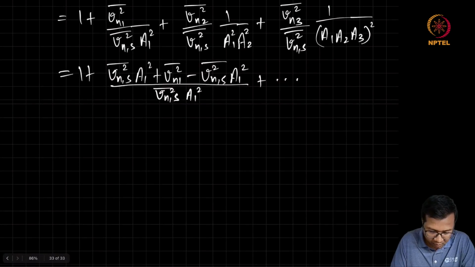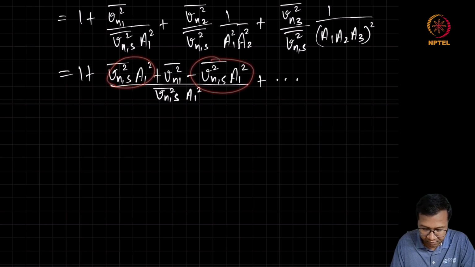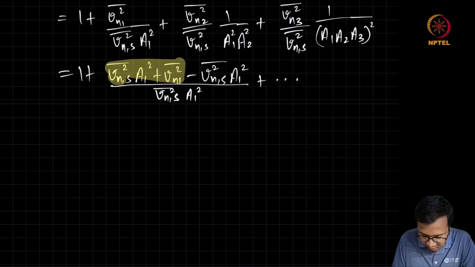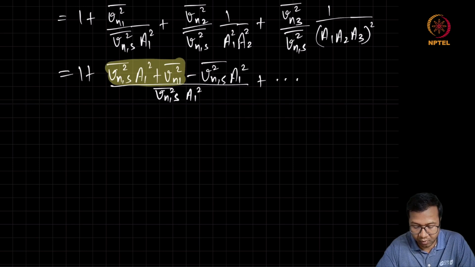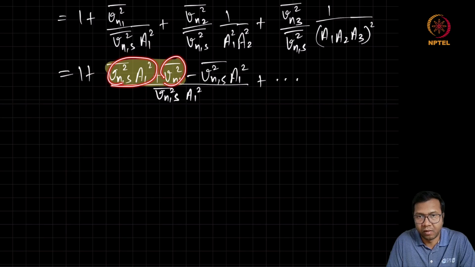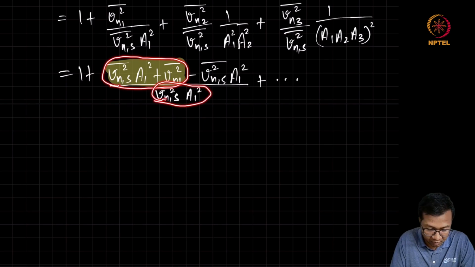What I have done is, in the numerator, I have added and subtracted this extra term so that we can easily recognize this sum of the two noises, nothing but the noise due to the input source at first stage and the noise due to the first stage itself. So this is the total output noise at the first stage output divided by the output noise at the first stage output due to the input source.